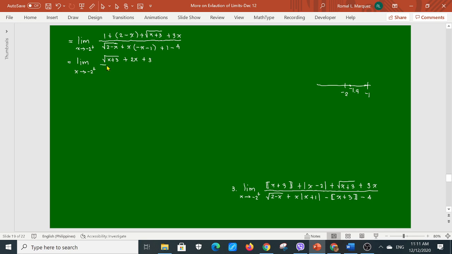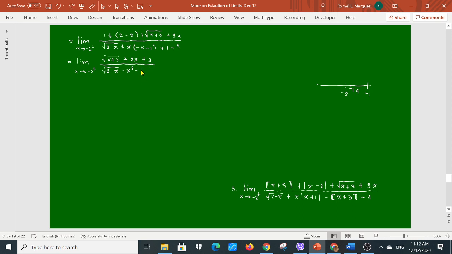What about the denominator? The denominator is square root of 2 minus x. And then, this is negative x squared. Negative x squared. And then, minus x.